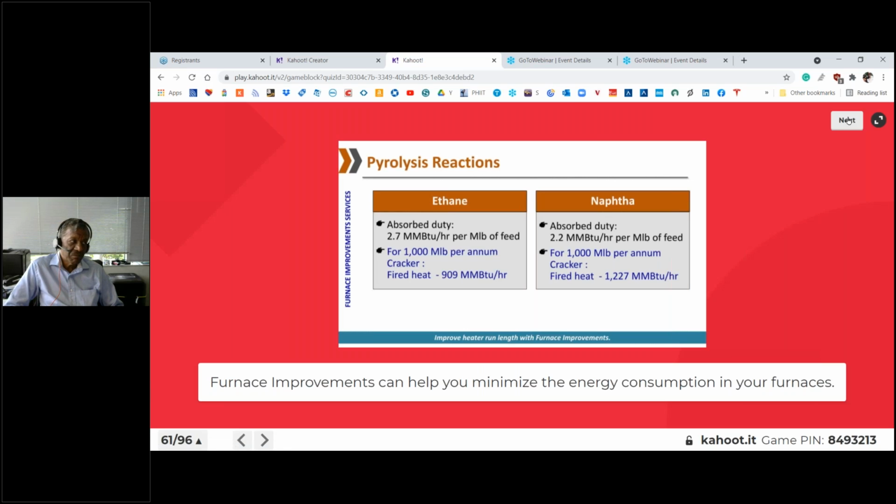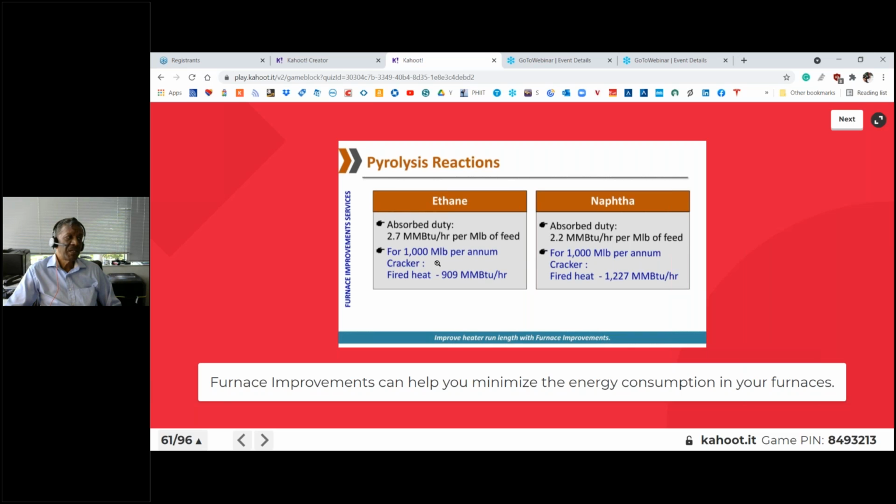So ethylene crackers, as we told you, whether you are processing ethane or naphtha, are a very high energy intensive process. The absorbed duty is almost 2.7 million BTU per 1,000 pounds of feed in the case of ethane and 2.2 million BTU per 1,000 pounds of feed in the case of naphtha.